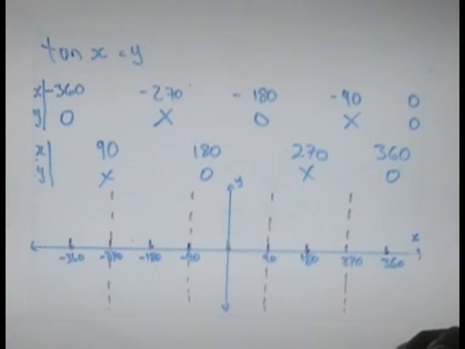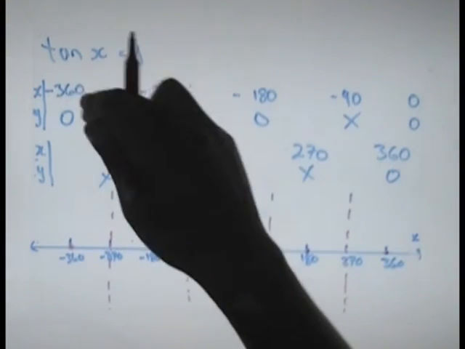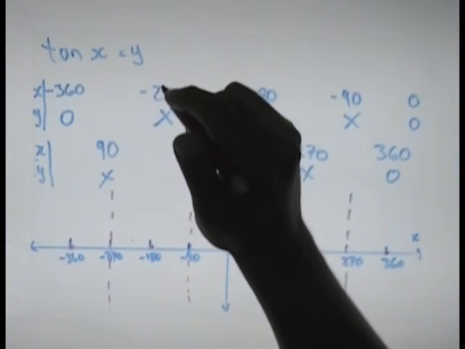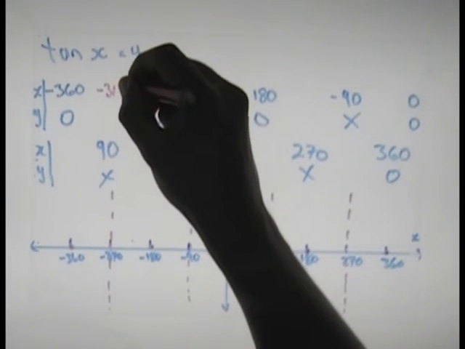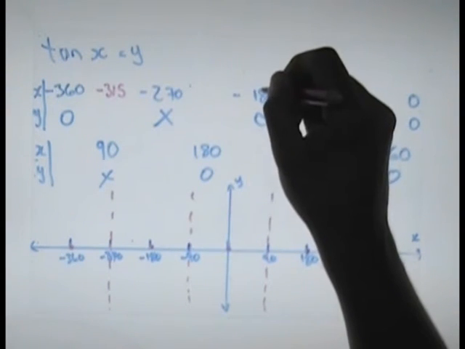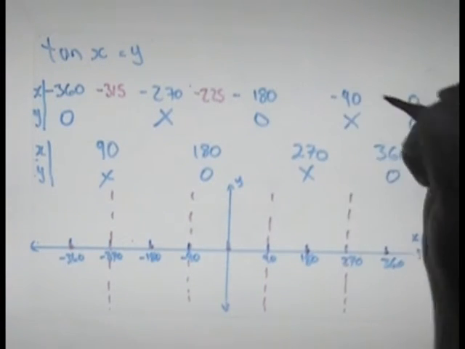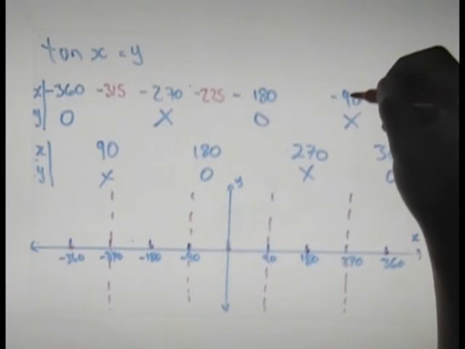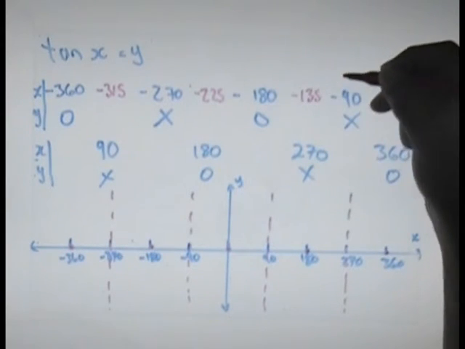What I'm now going to do is put points in between each of these. Between negative 360 and negative 270 is going to give me negative 315. Between negative 270 and negative 180 is negative 225. Between negative 180 and negative 90 is negative 135.